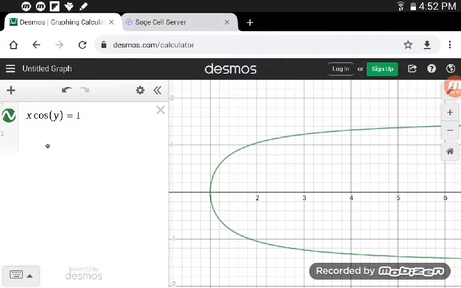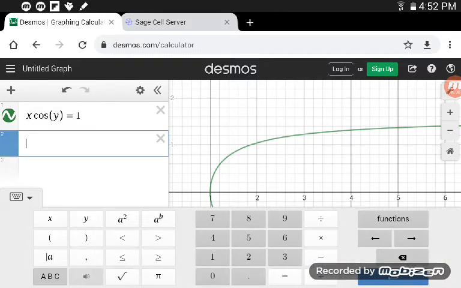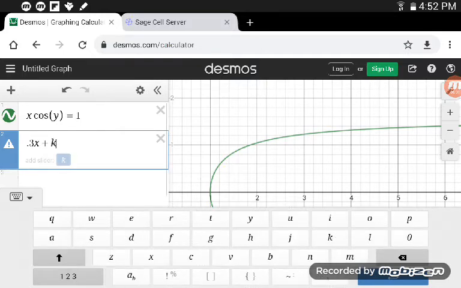So let's just see how we did. A slope of a line around 0.3, well, that would be around 0.3x. Okay, now I just need to lift it up. So plus, go here and I'll add a slider.